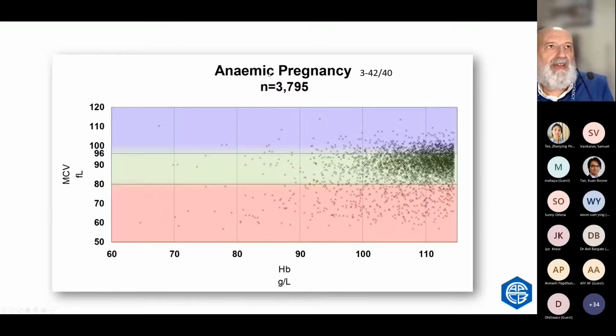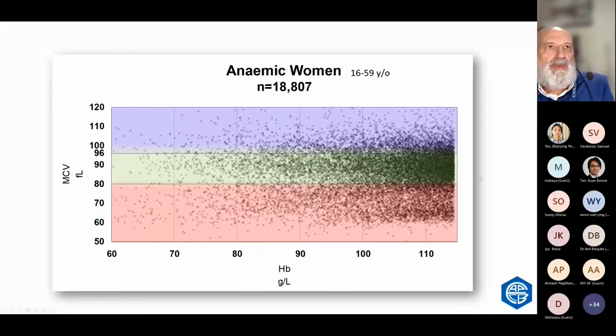In pregnancy, women between 3 and 42 weeks gestation, again, the trends are, once you get severe anemia, it's mainly microcytic with very little macrocytic, quite a bit of normocytic. What about non-pregnant women?